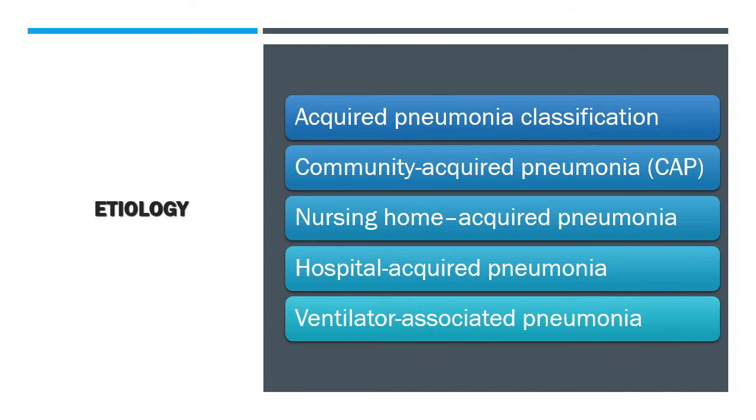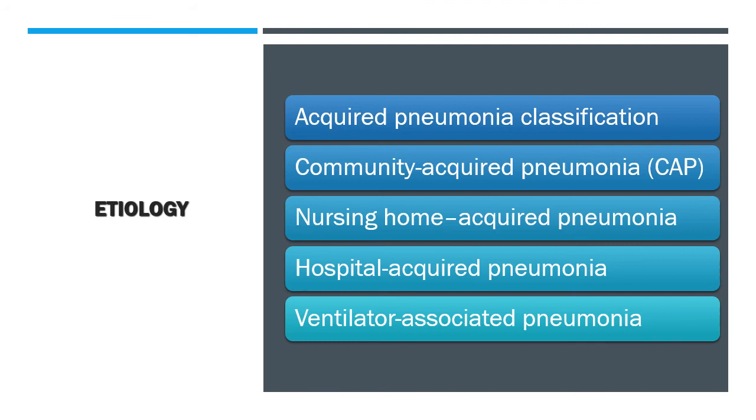Ventilator-associated pneumonia, or VAP, also called ventilator-acquired pneumonia, can be included under the nosocomial pneumonia category. VAP is pneumonia that develops more than 48 to 72 hours after endotracheal intubation.